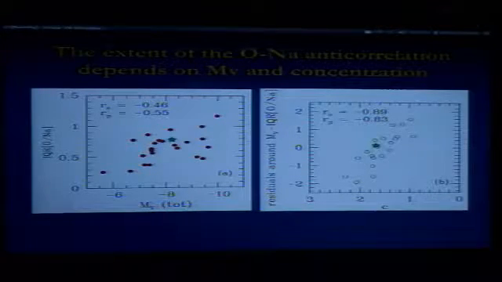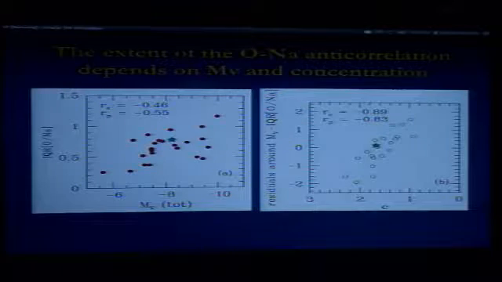The more luminous the cluster, the more extended is the anticorrelation. And actually there is a second parameter that also governs this relation, which is the concentration of the cluster.